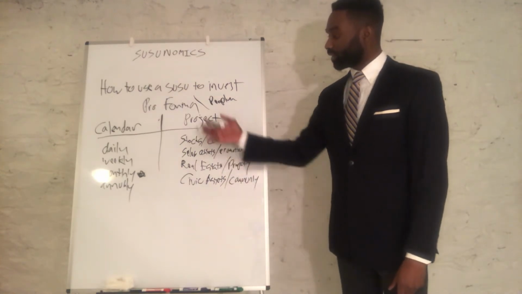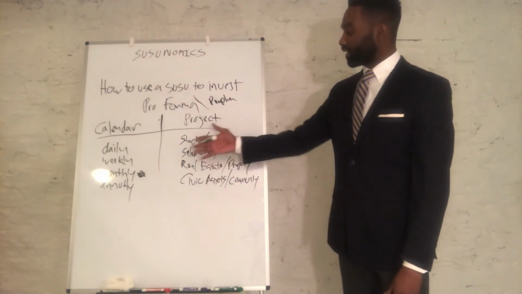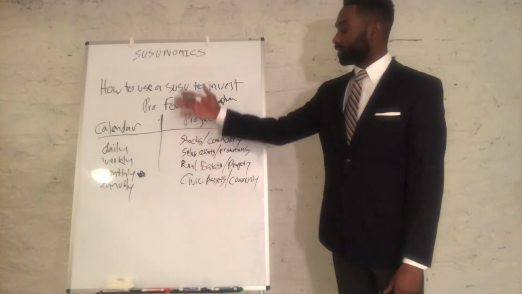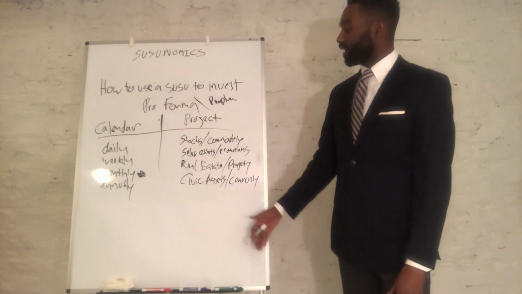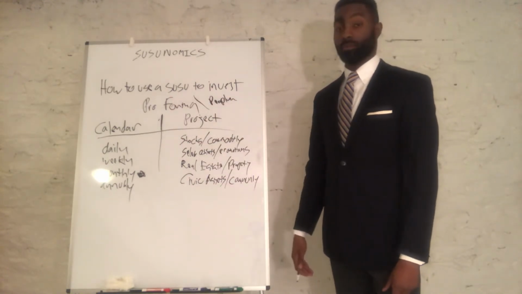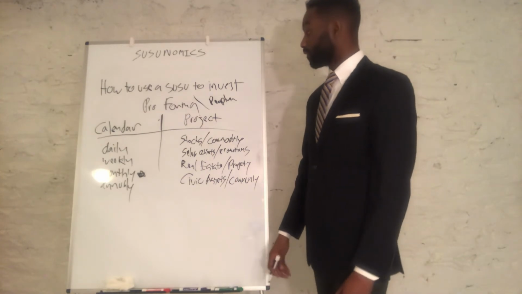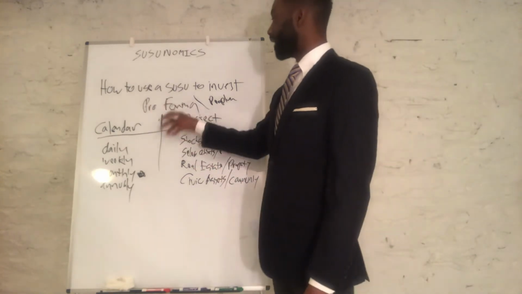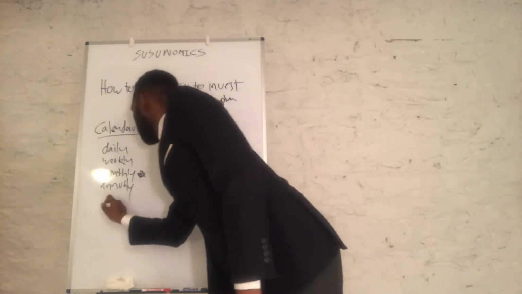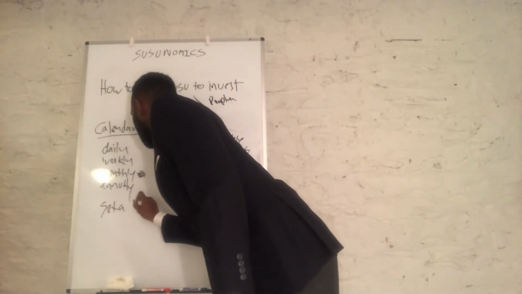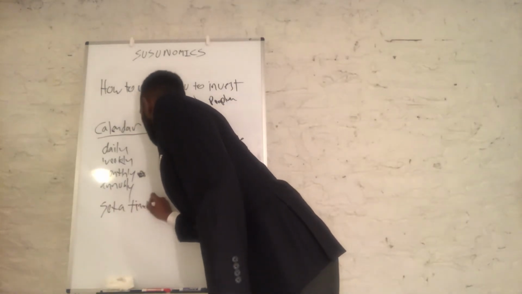And of course, like I said, these are things that I think correlate on a calendar basis, project based, and all of this stuff can be broken down into different types of divisions based on how you feel. But more importantly, when it comes to the pro forma aspect, you want to set a goal, a timeline goal.